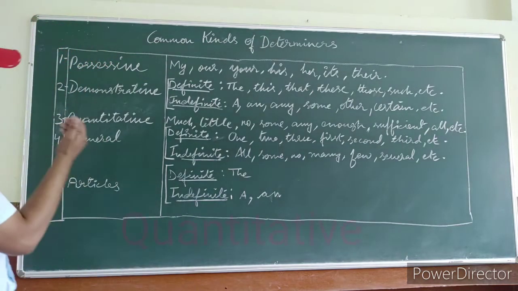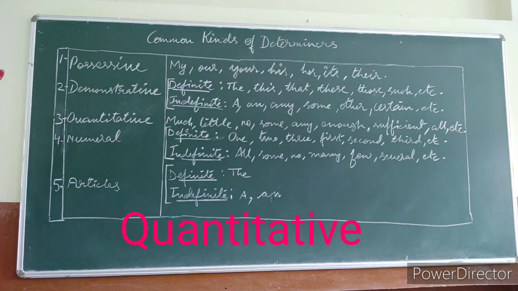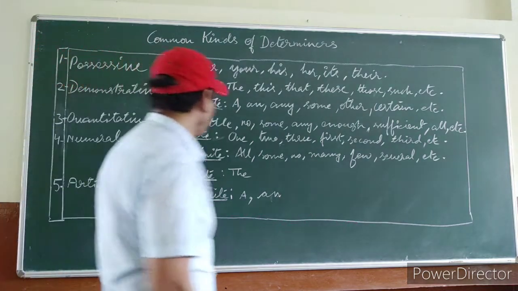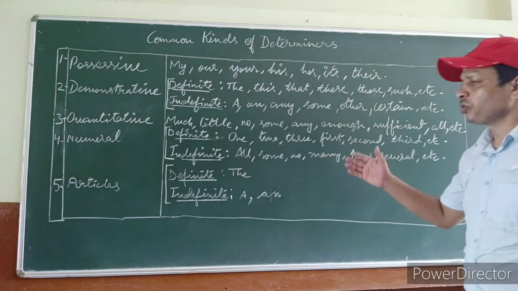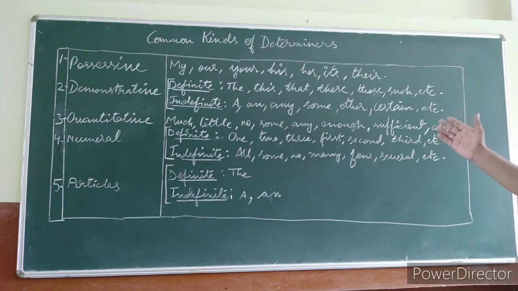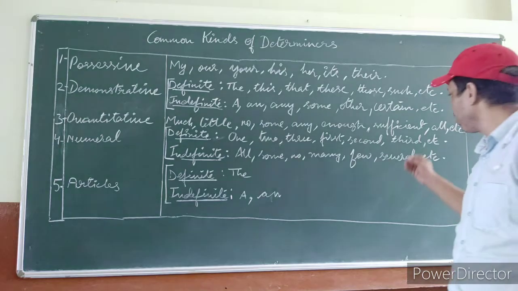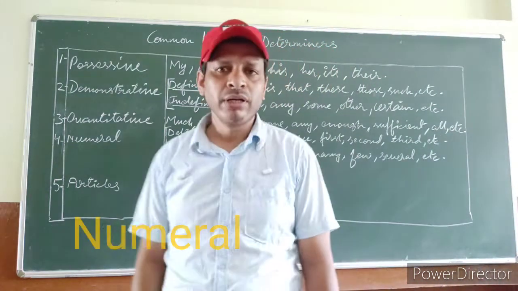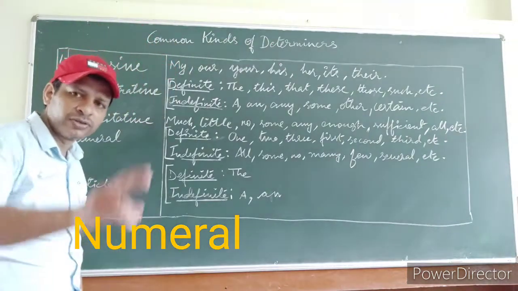And then comes quantitative. Quantitative examples: much, more, little, no, some, any, enough, sufficient, all, etc. And the next is numeral. Numeral, once again, of two types.